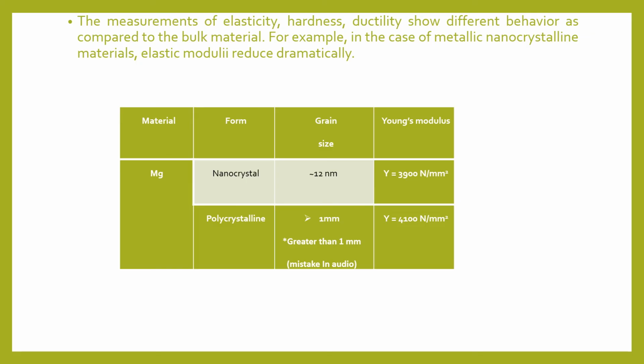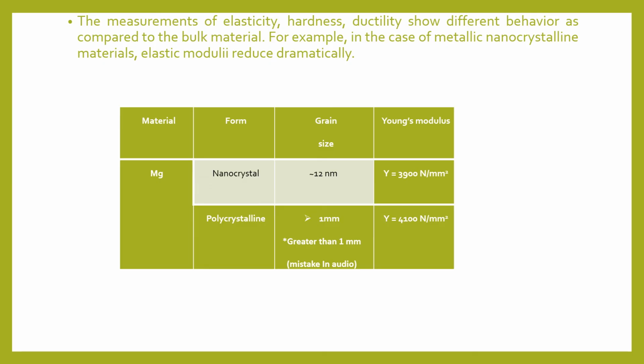3900 Newton per mm square, while when it is polycrystalline, at that time grain size is less than 1 mm, and at that time it has Young's modulus 4100 Newton per mm square.